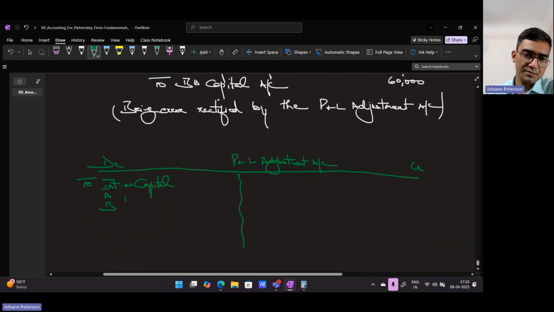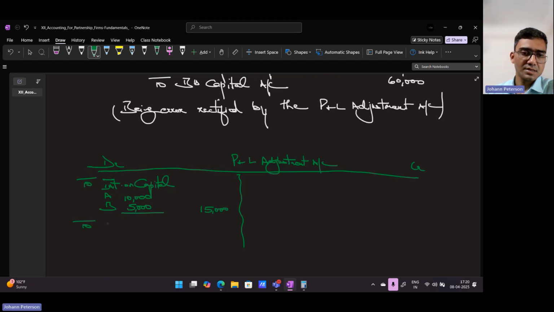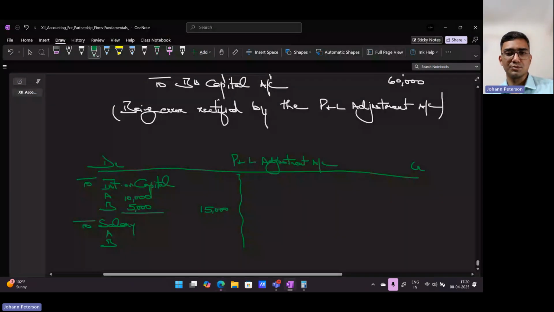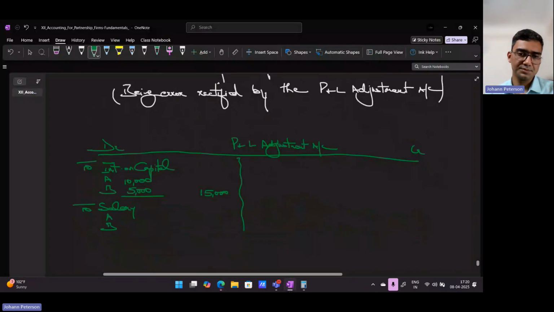So 10 and 5, that makes it 15, and salary to A and B, amount was 60 each. This comes out as 120.